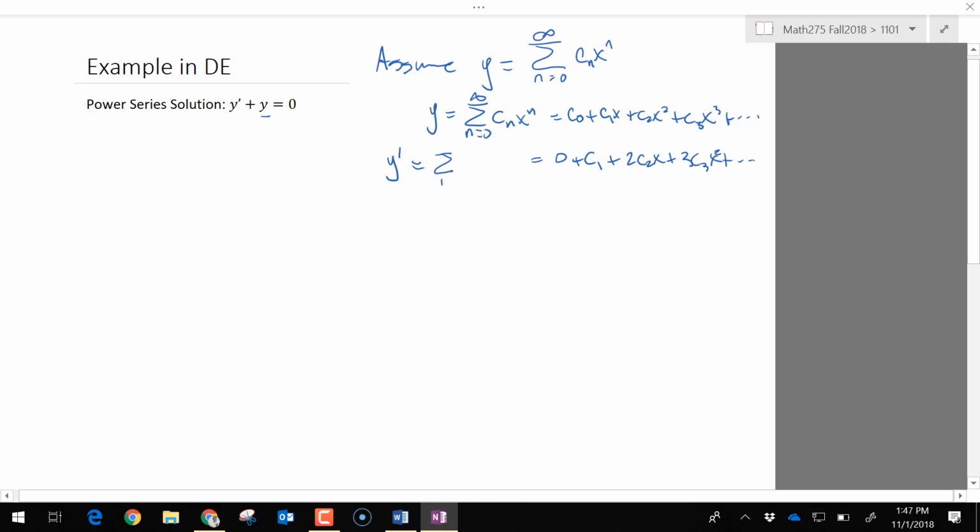So can you tell me what the general term is? If I were to tell you what's next after this. So it'll be n goes down. I mean, you can see it here, right? N goes down, c sub n, and then x to the n minus 1. Now, is this right? This isn't quite correct.